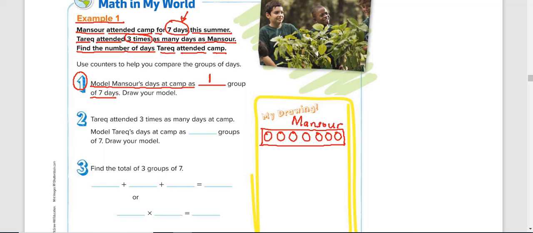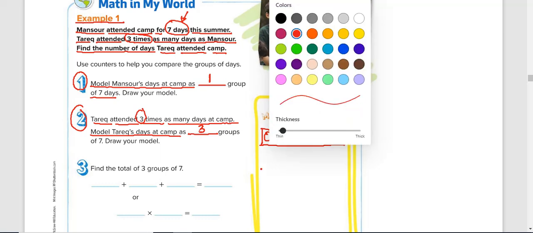So let's go to step number 2. Tariq attended 3 times as many days at camp. So model Tariq's days at camp. How many groups are we going to have now? It is 3 times, so it's going to be 3 groups of 7. Let me pick another pen.